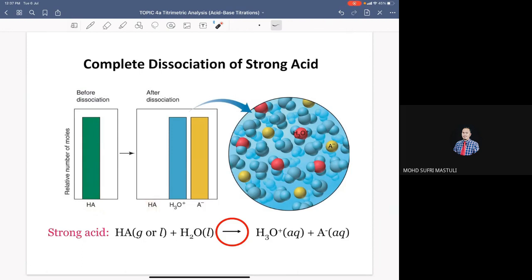HA dissociates into A minus and forms hydronium ion, H3O plus. This is for the strong acid. Because it dissociates completely in water, the arrow is in a single direction.